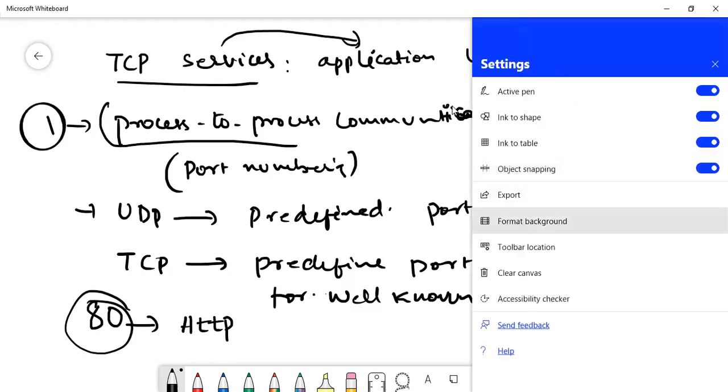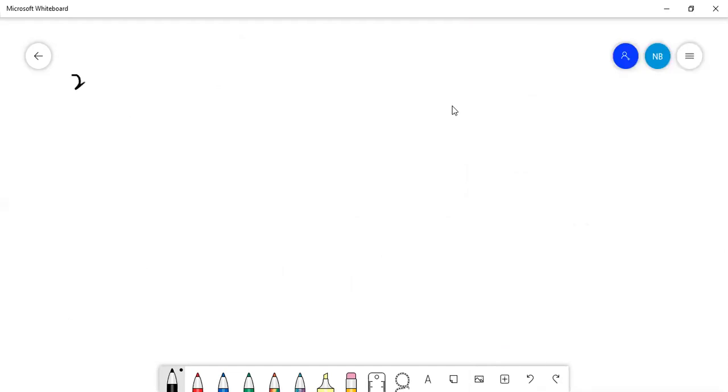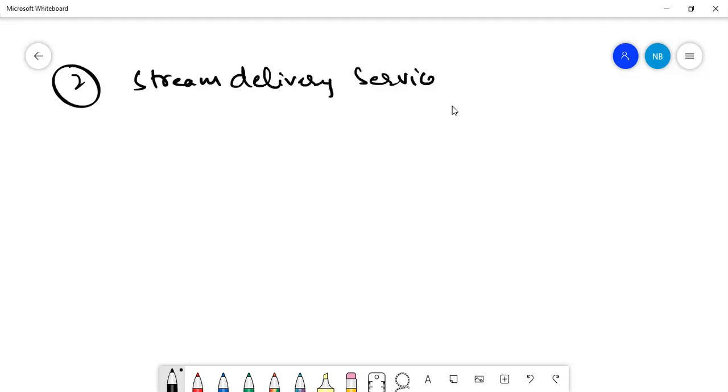Now next we will see the second service. The second service which is provided by TCP is the stream delivery service. So what does it deal with? I'm always comparing TCP with UDP because we need to know the major difference between them.